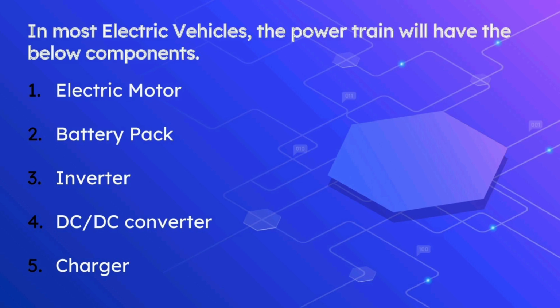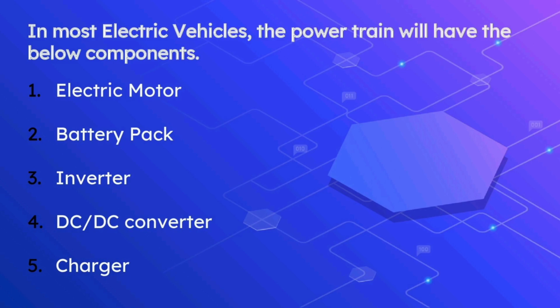Next component is charger. Battery pack must be recharged. The recharge is done generally from the electrical grid. The charger does the rectification of AC voltage to DC voltage and controls the current flowing into the battery pack. Coming to another component, that is the battery management system.